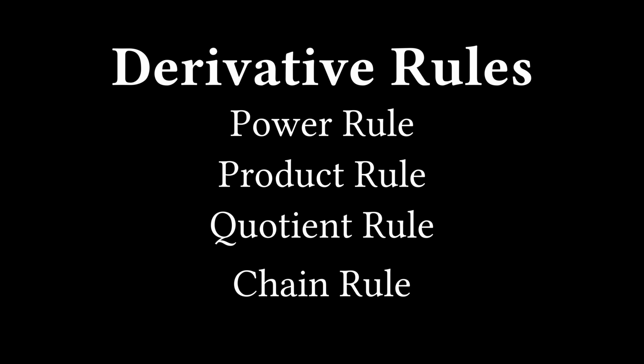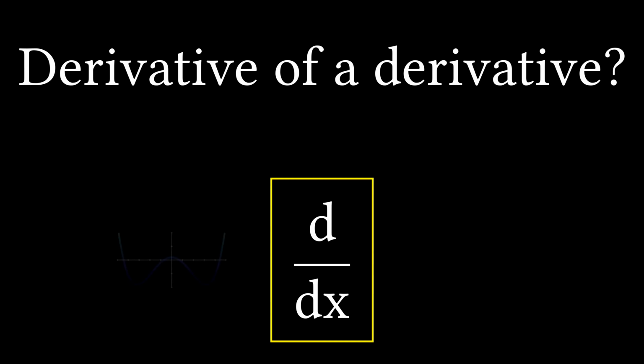But does that mean that we can take the derivative of a derivative? I mean, if the derivative of a function is another function, and using these rules we could take the derivative of almost any function, then it would make sense that we could take the derivative of a derivative. And we can.